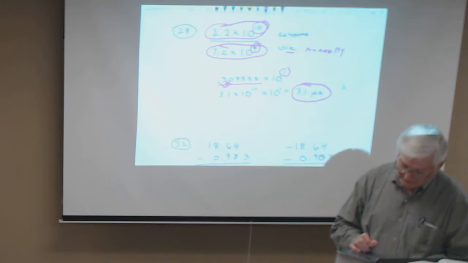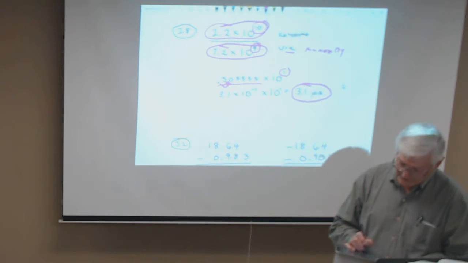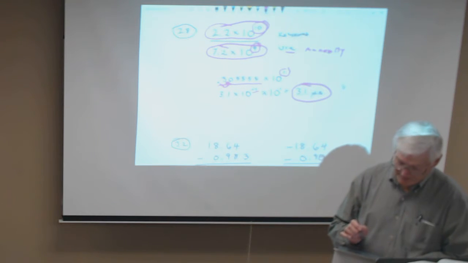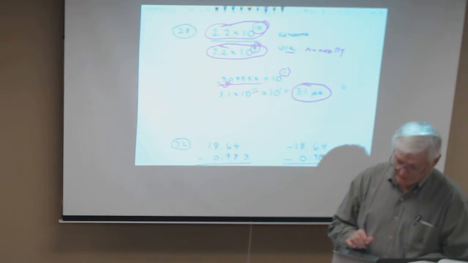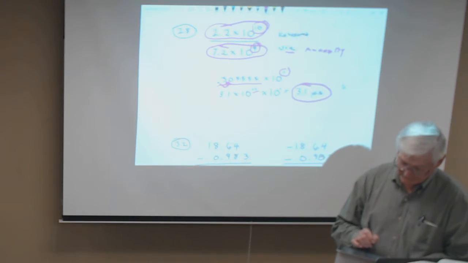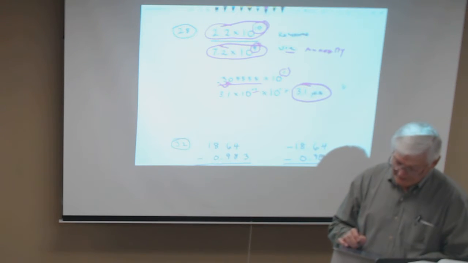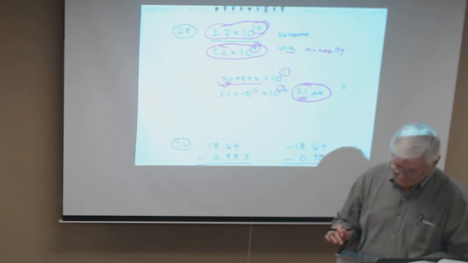That's 3.1 times, yeah, that's right, times 10 to the negative 1. I didn't make a mistake. Because 3.1 times 10 to the 1st would be 31. So it's 3.1 times 10 to the negative 1, and then 1, and that adds up to nothing. So it's just 3.1 years they say we have left.